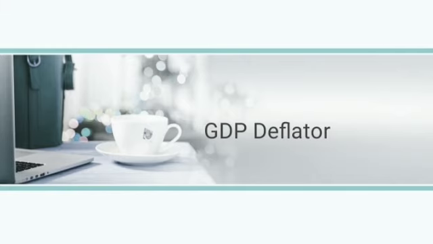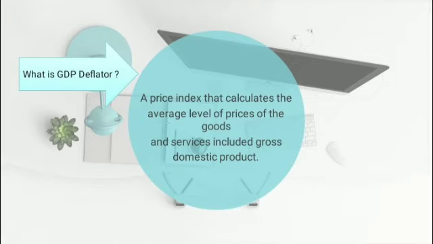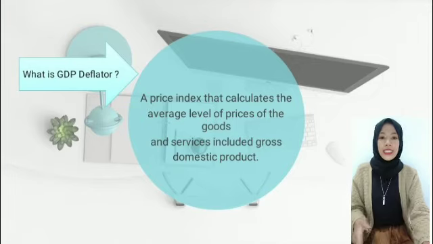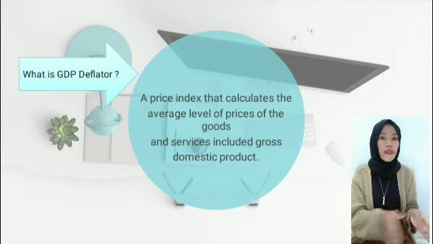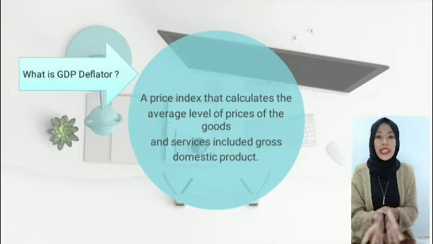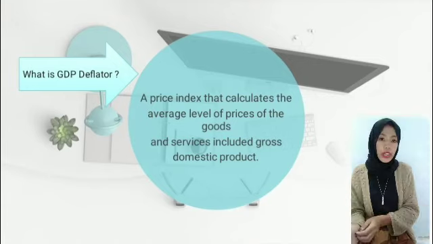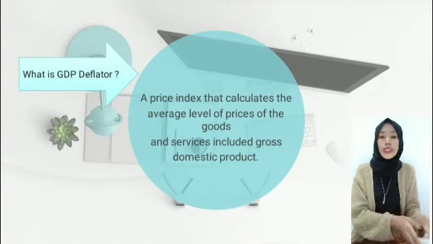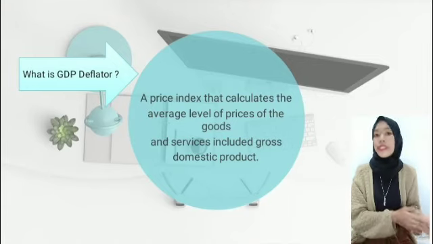Now, we will discuss the GDP deflator, inflation rates, and the unemployment rate. The first is the GDP deflator. The GDP deflator is a price index that calculates the average level of the prices of goods and services included in gross domestic product.